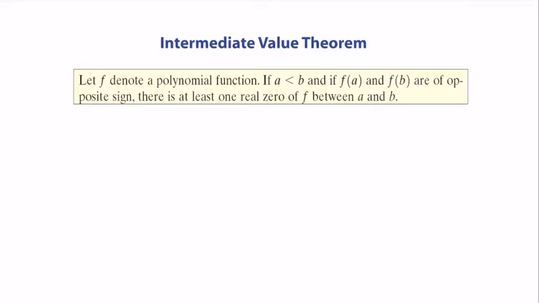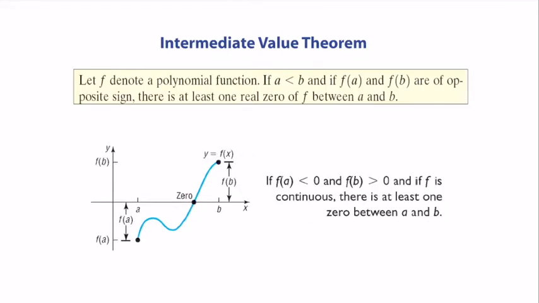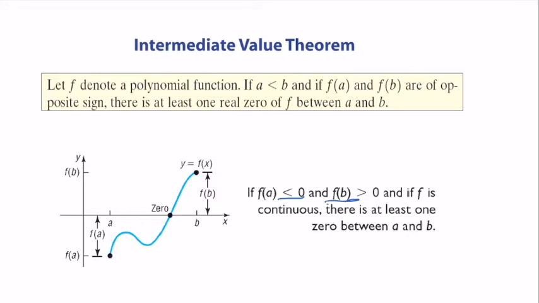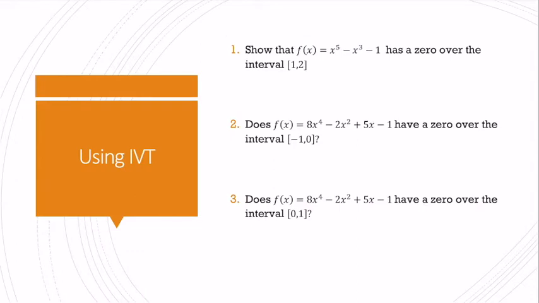Here is the formal definition of the intermediate value theorem. If I have f of a less than 0 and f of b greater than 0, so like negative and positive, and f is continuous, then there is at least one 0 between a and b. So let's use the intermediate value theorem to determine if there are zeros on these intervals.